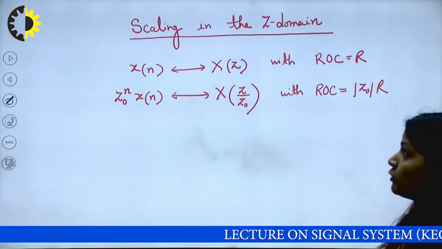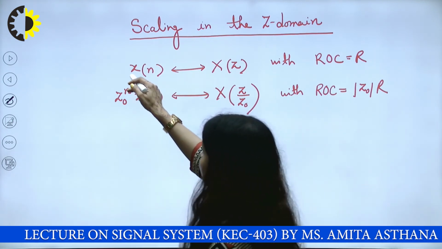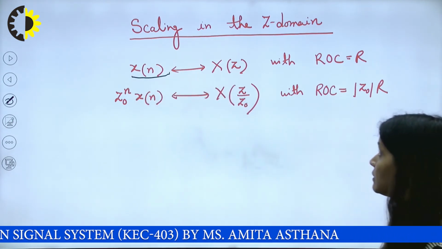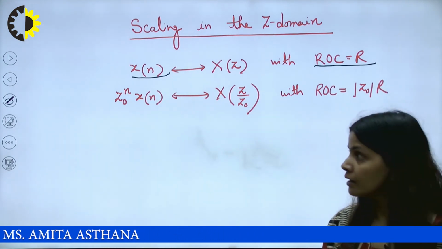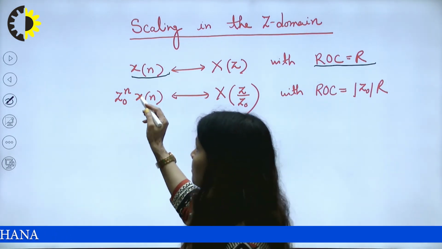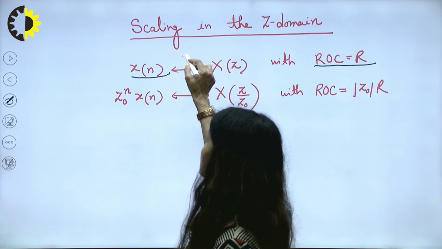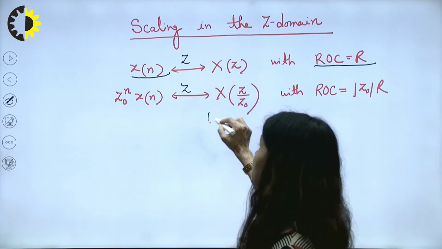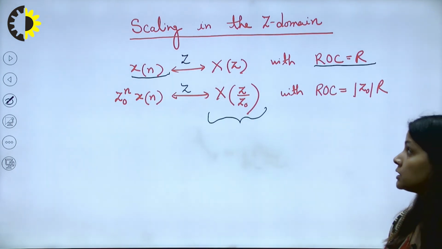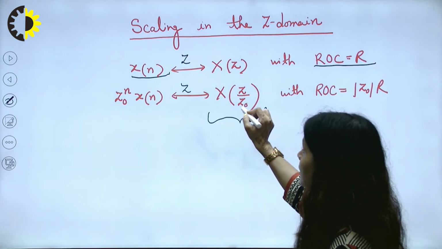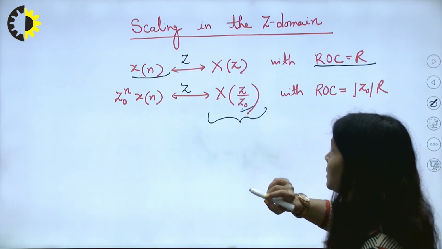Scaling in the z domain. Next property. If the Z transform of x[n] is X(z), the ROC being R, and for z naught raised to the power n times x[n], the Z transform will be X of z upon z naught. This term is getting divided.